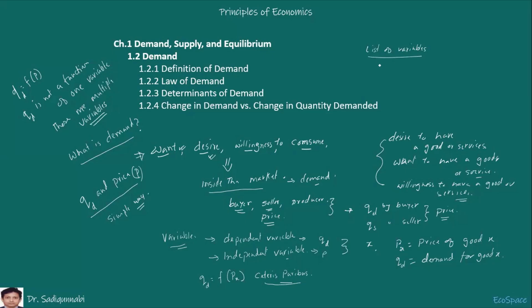Number one is Px, that means price of good X. Number two is PR, that means price of related good.